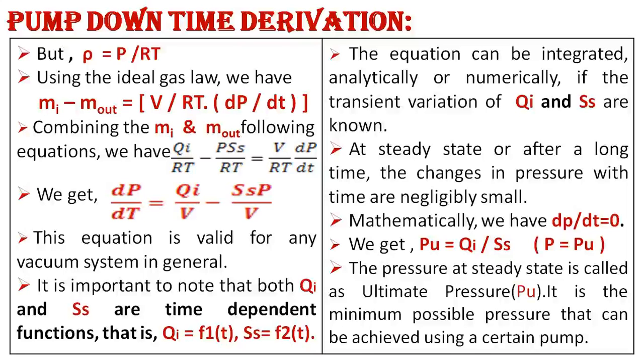So we can write mathematically dP upon dt is equal to 0. So we get Pu is equal to Qi upon S. The pressure at steady state is called the ultimate pressure. It is the minimum possible pressure that can be achieved using a certain pump.